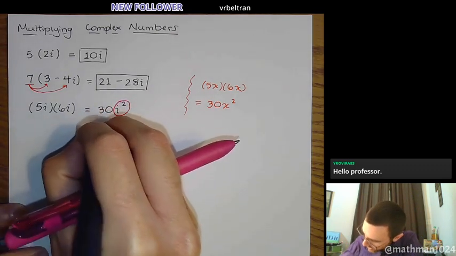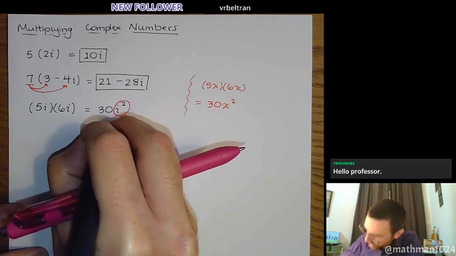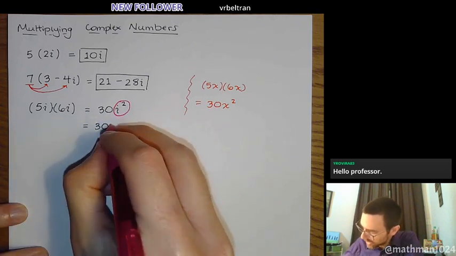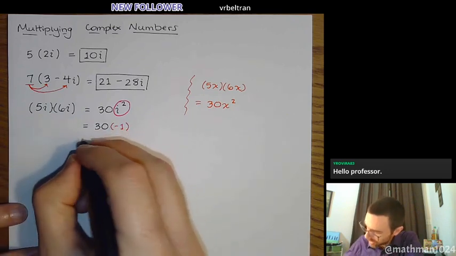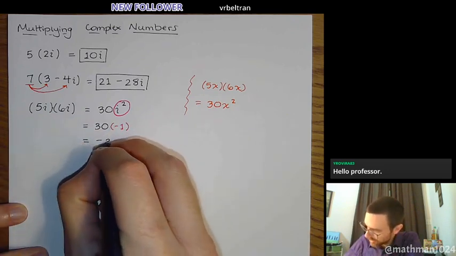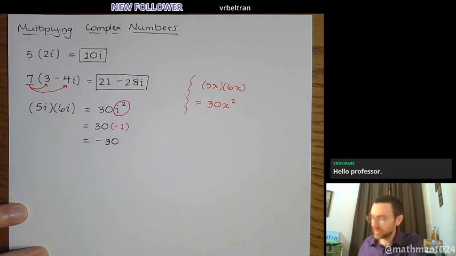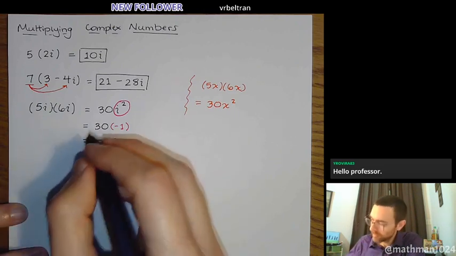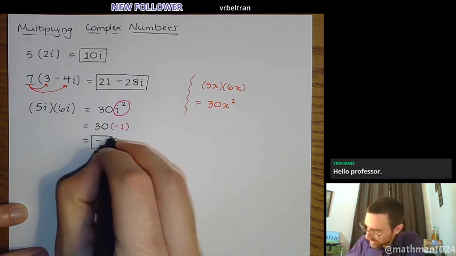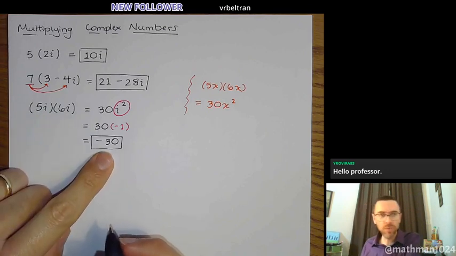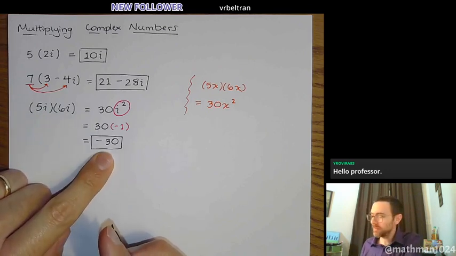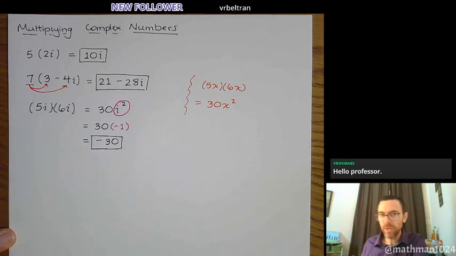So this means 30 times i squared means times negative 1, which then equals negative 30. So this is the correct answer. And here's the crazy thing. We just multiplied two imaginary or complex numbers, and we got a real number. We got negative 30 out of this.